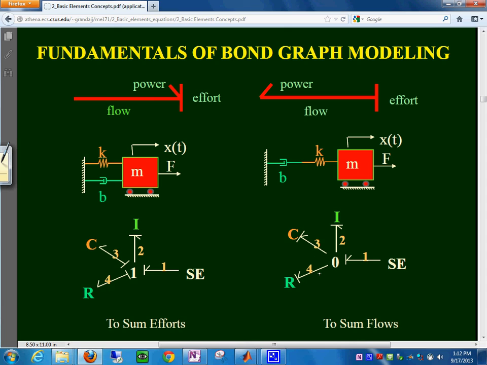Any questions about this? Do you notice the connection in here? This one connects with the common flow variable, and this one connects with the common effort variables. In this case, the displacement is the same in all three. In this case, no, we have to add.